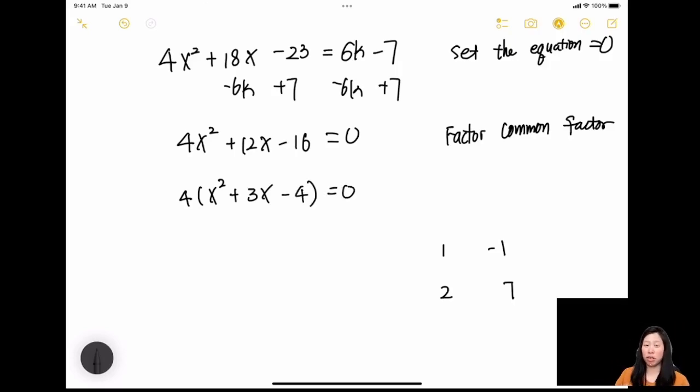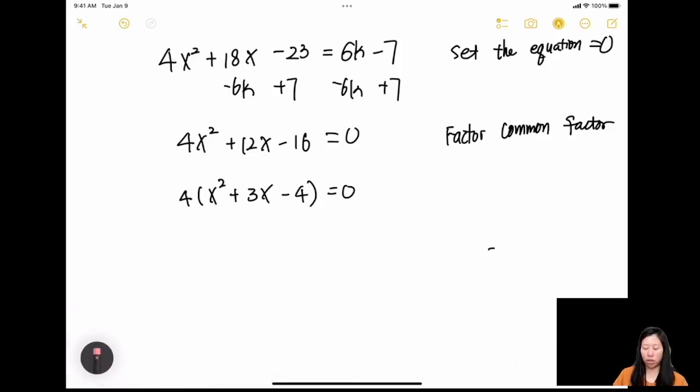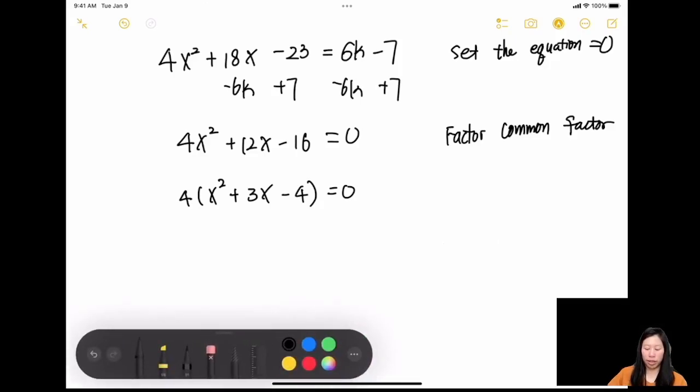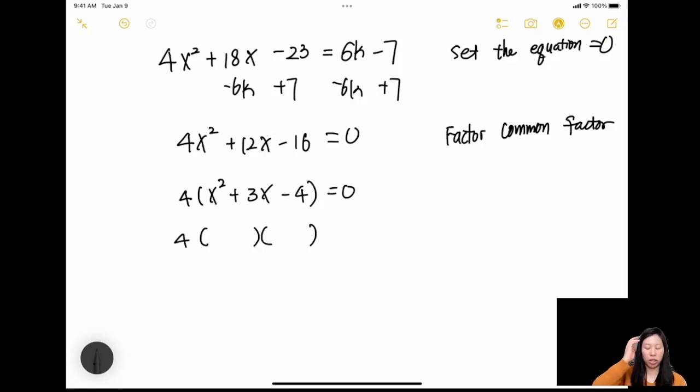It would be much easier if you factor the common factor out first. So now we have a coefficient of 1, so we can use the easy method. We want two numbers that multiply to 1 times negative 4, so a times b equals negative 4, and a plus b equals 3.